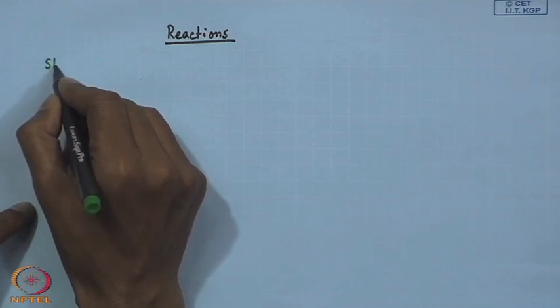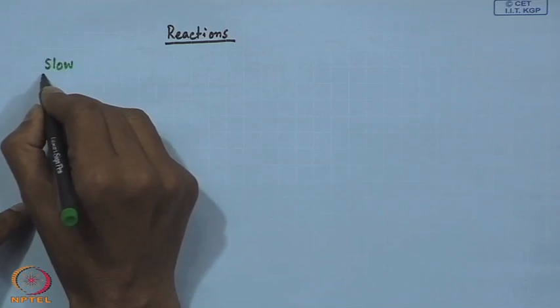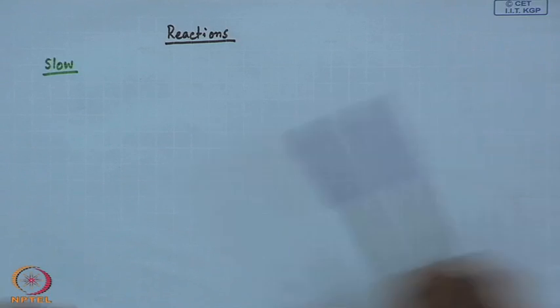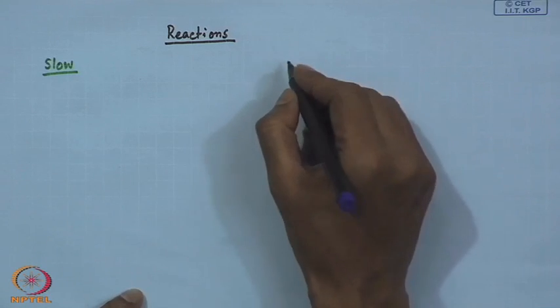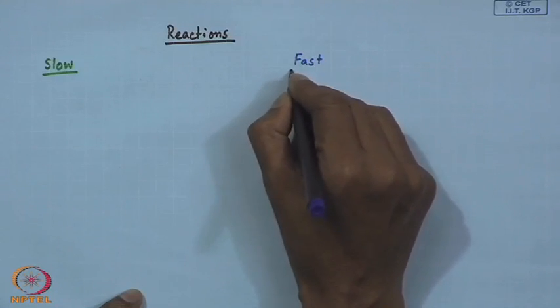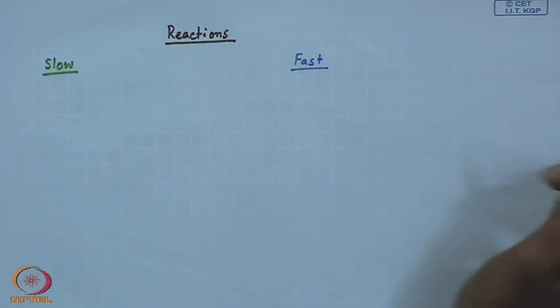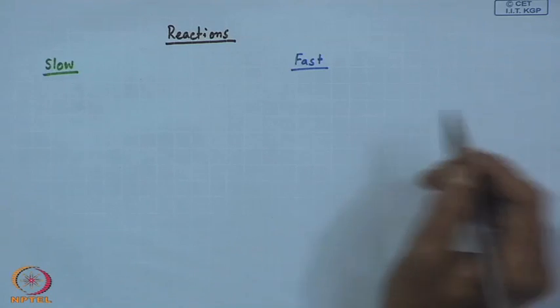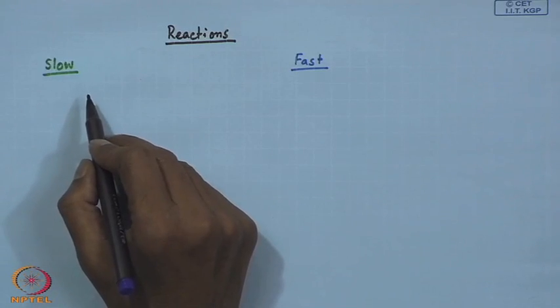Some reactions can be categorized as slow, that we have seen in our last class, and some of these reactions we can consider as fast reactions. It is the inherent property of the metal ions as well as the ligands which can show some of these reactions.